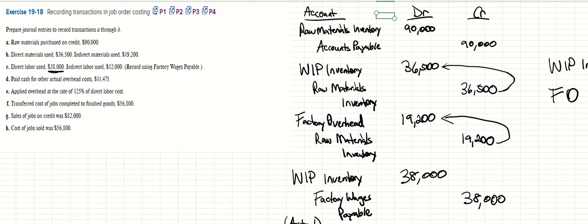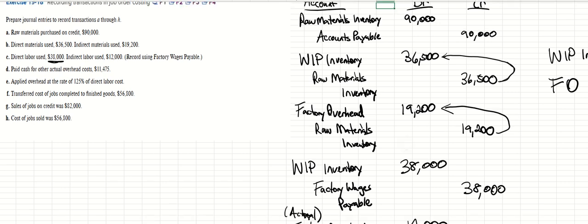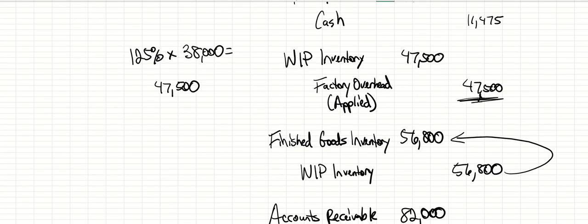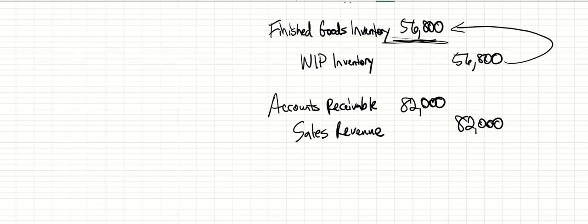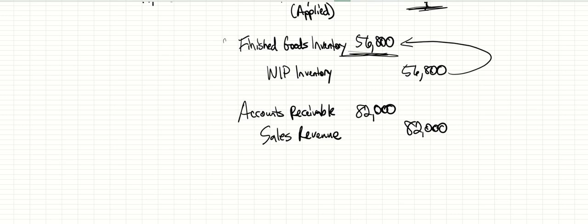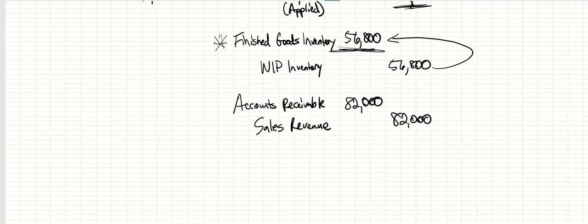Lastly, the cost of the jobs that were sold was $56,800. Okay, that makes sense because that's the $56,800 that was debited to finished goods inventory. So all we're going to do now is credit this account by that amount, $56,800.